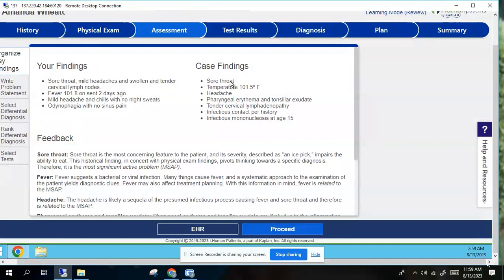So the case findings are sore throat, I had that. Temperature, I also mentioned that. Headache, tender cervical nodes, and infectious contact by history, infectious mononucleosis at the age of 15. I didn't have this.